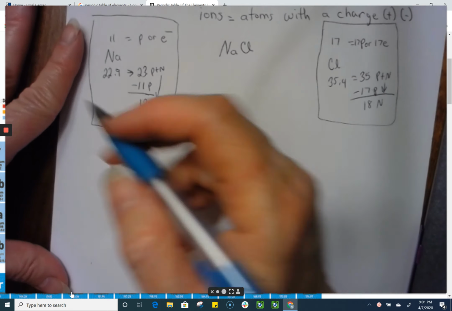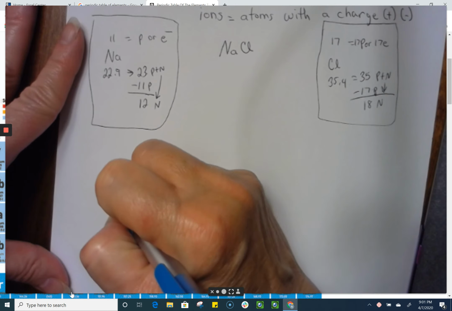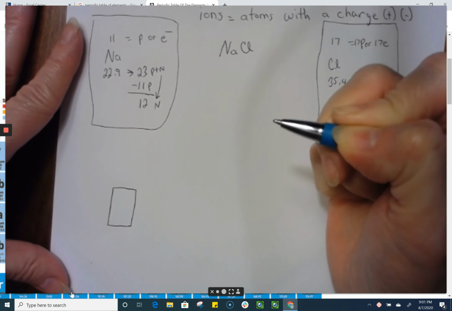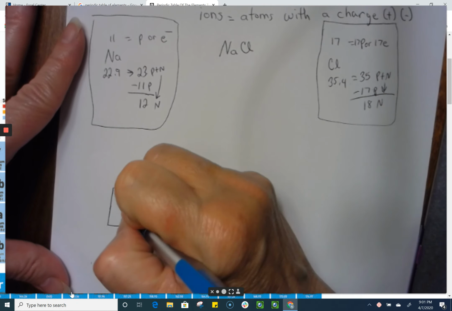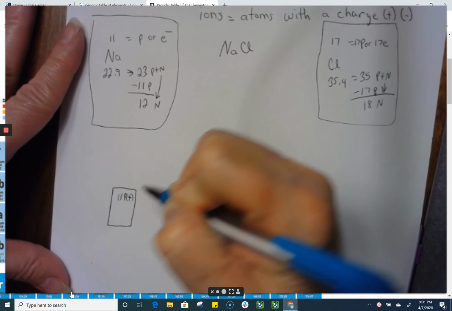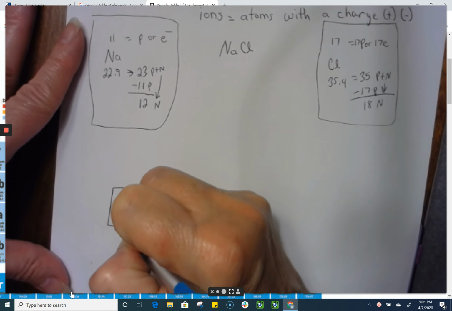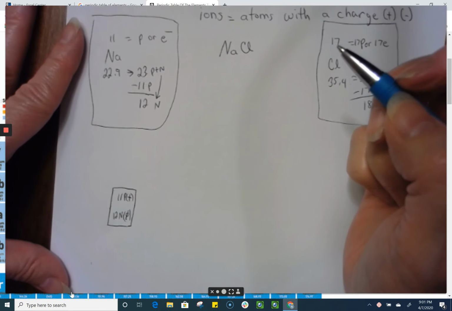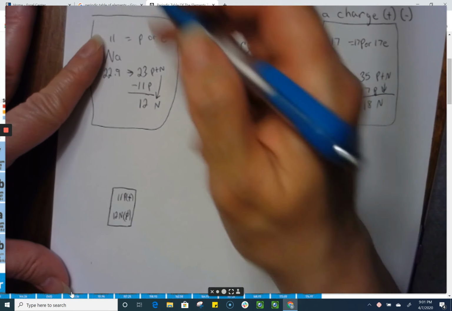So we're going to start with sodium, and I'm going to draw my square here for my nucleus, and it's going to have 11 protons or 11 positive charges, and it's going to have 12 neutrons with 12 neutral charges.